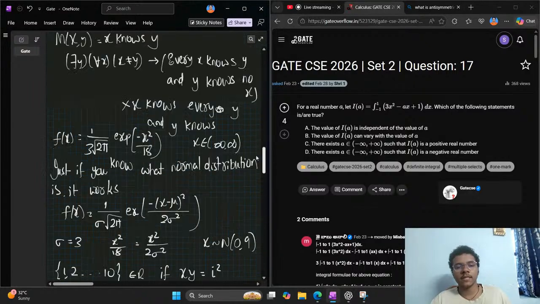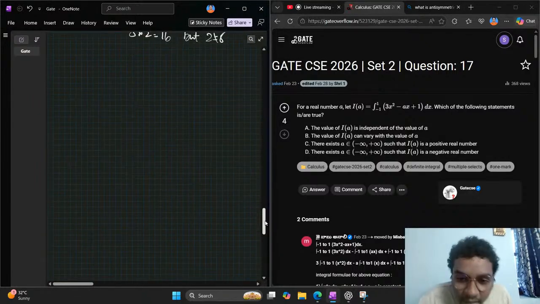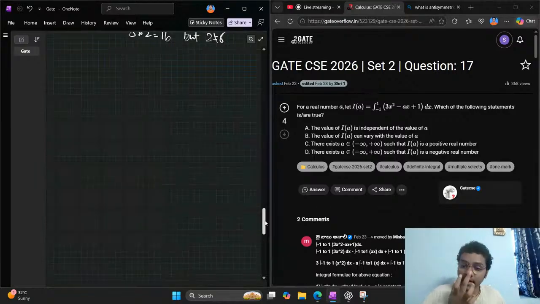We came into integration now. For a real number a, let I of a be the integral from minus 1 to 1 of 3x square minus ax plus 1. Which of the following statements is or are true? The value of I of a is independent of the value of a.